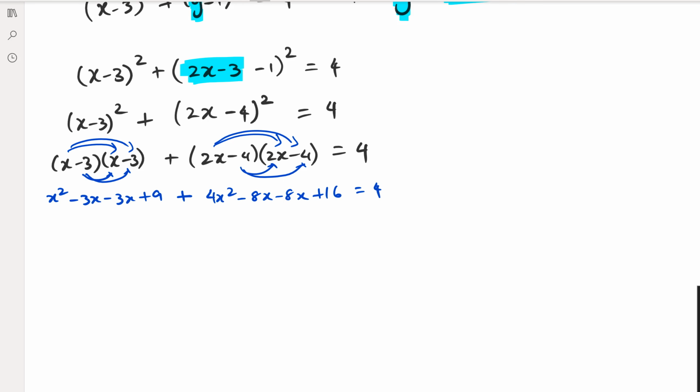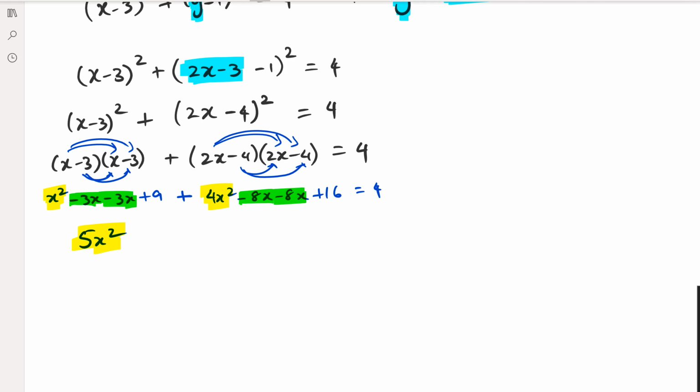So at this point, I want to collect my like terms. When I say like terms, I look at all my x squareds. There's x squared and 4x squared, so that's going to be 5x squared. Highlight that yellow. Next, I need to look at all my x's. So I've got negative 3x, negative 3x, negative 8x, negative 8x.